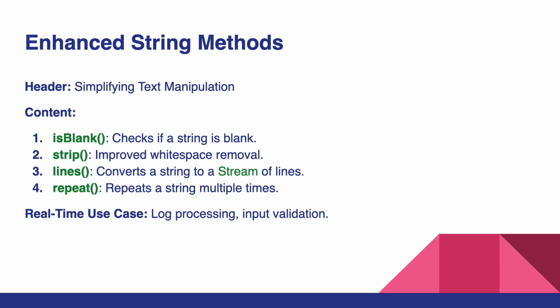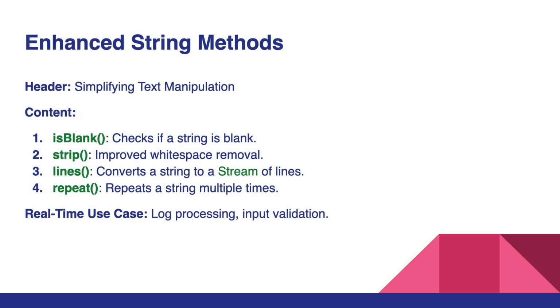Enhanced string methods. Text manipulation becomes a breeze with the enhanced string API in Java 11. Key additions like isBlank, strip, lines, and repeat improve both readability and functionality of code. Take the strip method, for example.